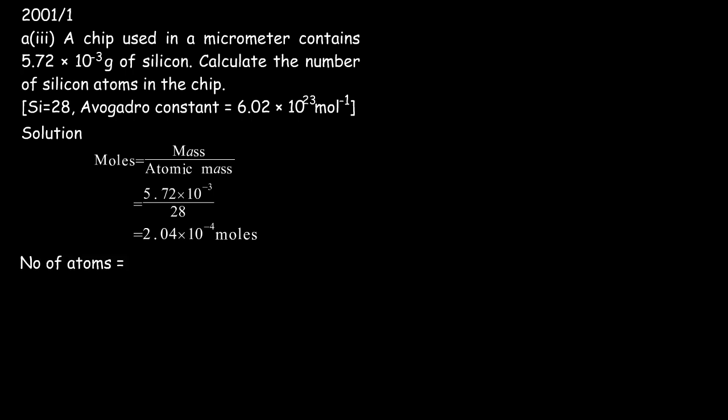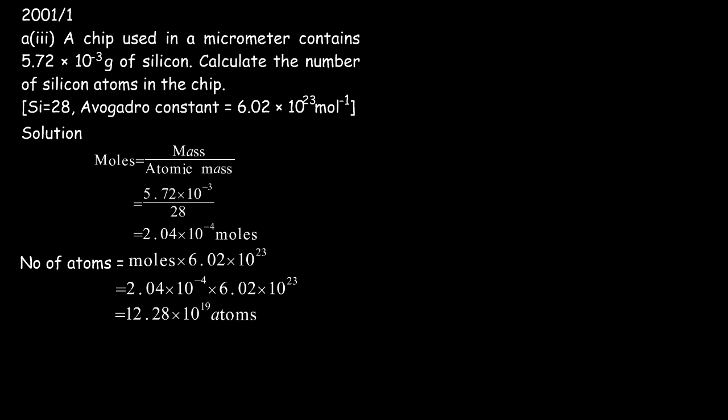Now, our number of atoms is equal to moles times 6.02 times 10 to the power 23. Substituting, it becomes 2.04 times 10 to the power minus 4 times 6.02 times 10 to the power of 23, which should be equal to 12.28 times 10 to the power of 19 atoms, which is approximately 1.23 times 10 to the power of 20 atoms.